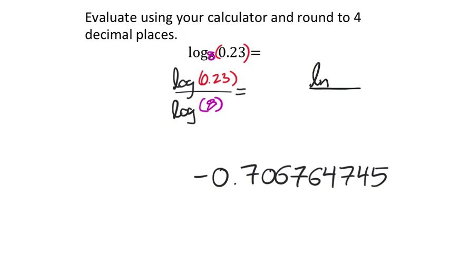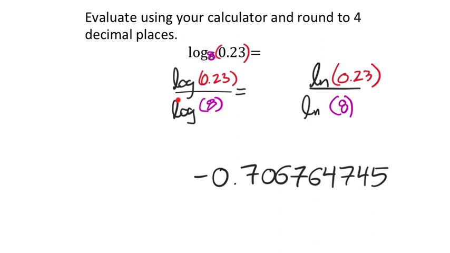So the natural log, you type the ln button, but it's still the natural log of 0.23, and you can divide that by the natural log of 8. Let's do that. Natural log of 0.23 divided by the natural log of 8. Enter. I got exactly the same answer on that, which we should, because these are the same.